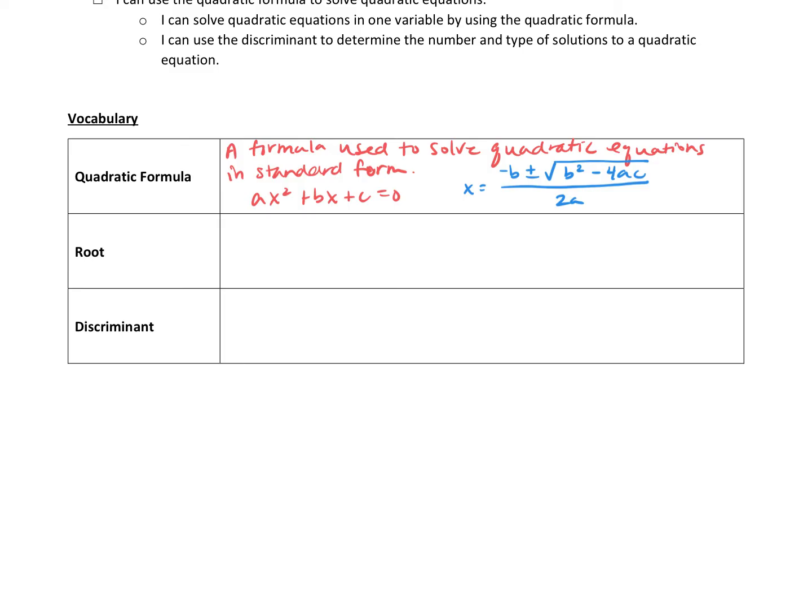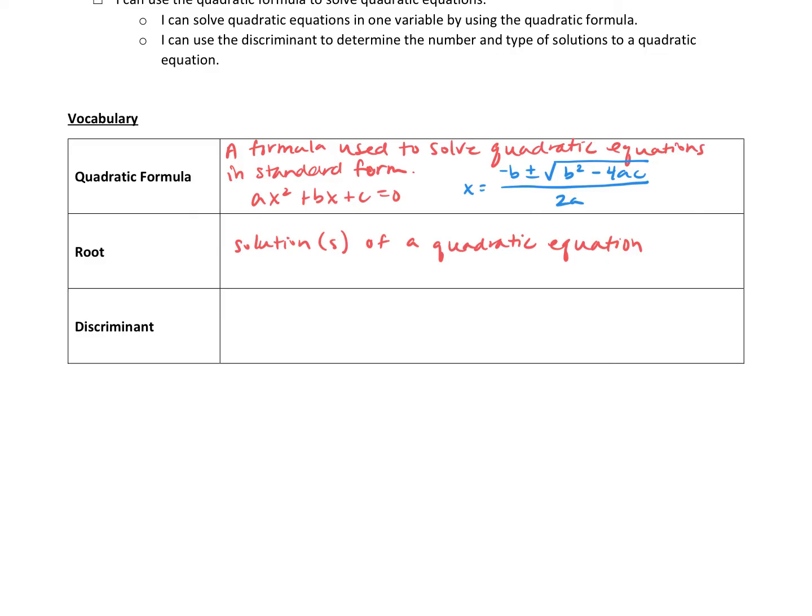All right, you guys are going to see a vocab word called a root. A root is a solution or solutions, sometimes we have two, of a quadratic equation. And then we have this thing called the discriminant.